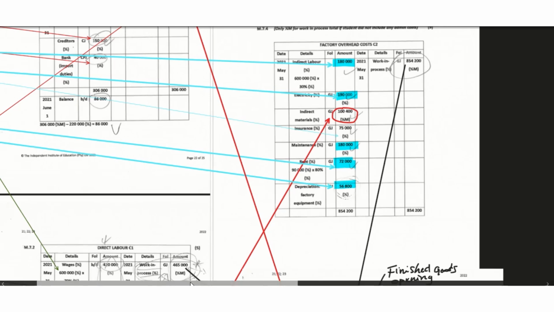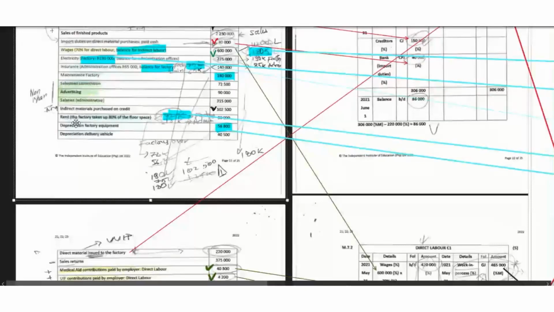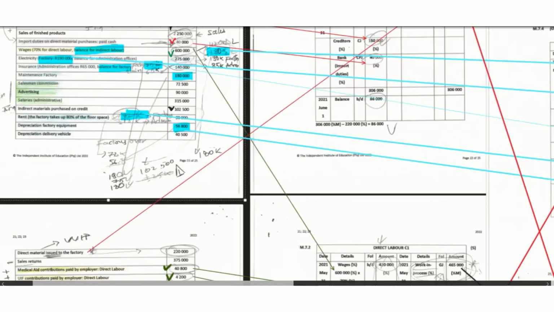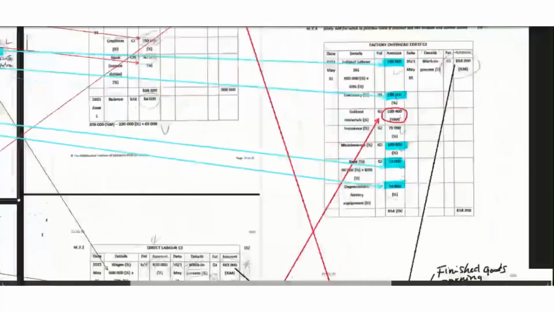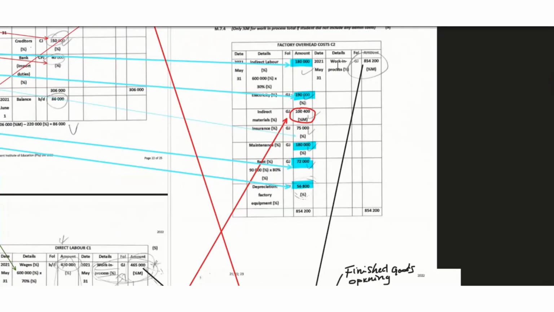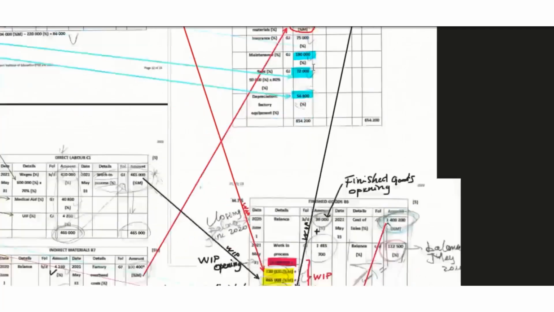Depreciation for factory equipment, they provided us 56,000. We take it as it is, but there is depreciation on delivery vehicle. It has nothing to do with the production. Okay, so adding this up together, that's it. We will find the amount of overhead cost that went into the work in process, right?